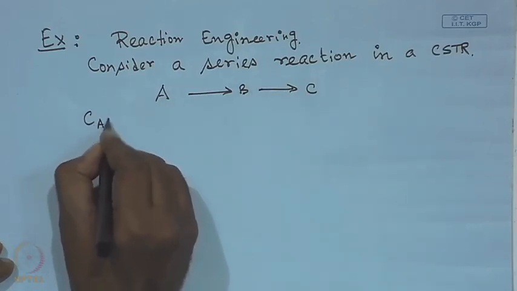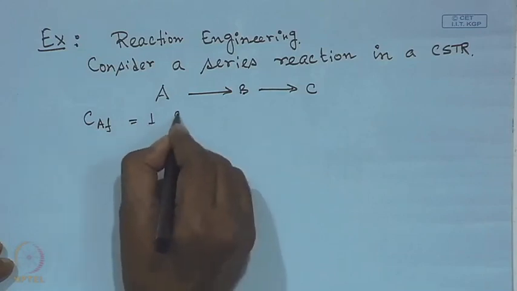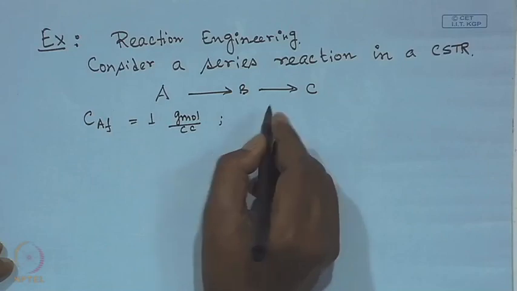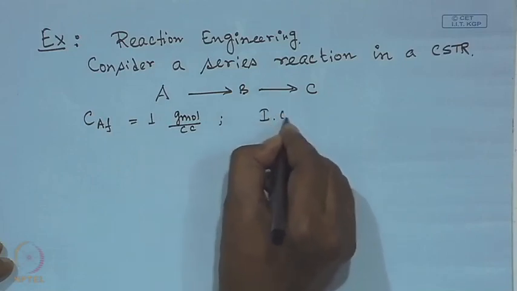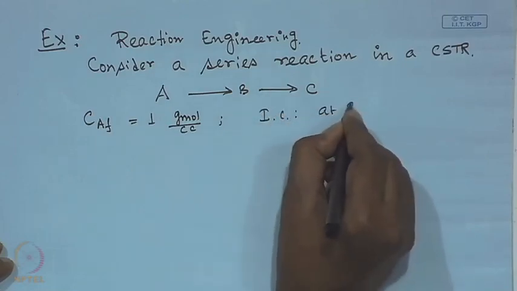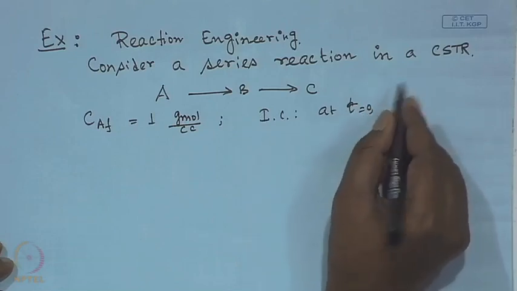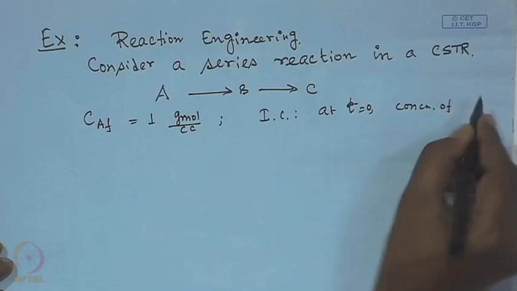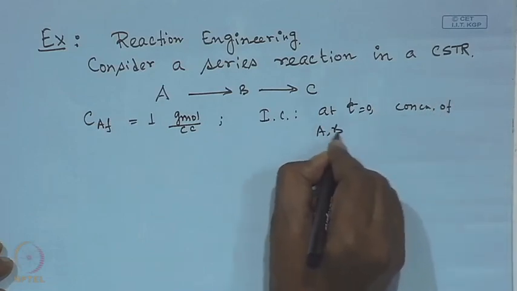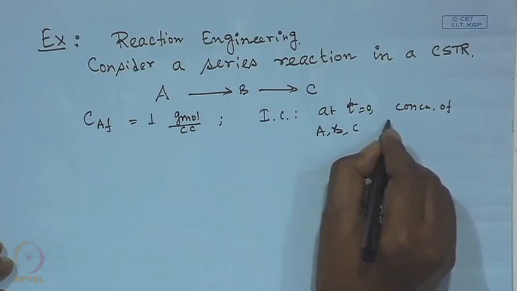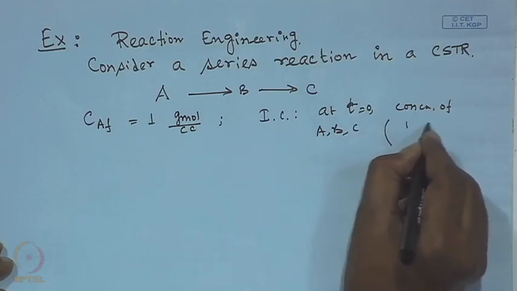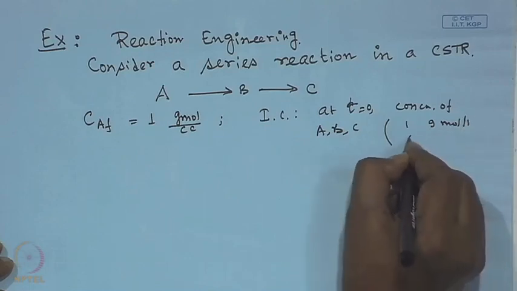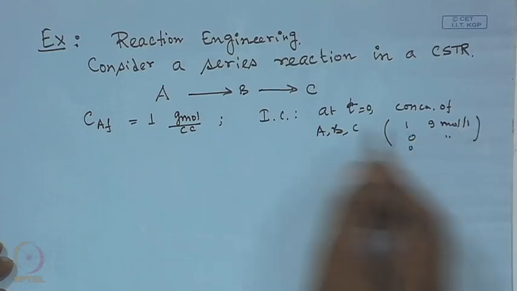The feed concentration was given, CAF as 1 gram mole per cc, and initial conditions were, at time t equal to 0, the concentrations of A, B, C were given by this vector: 1 gram mole per liter, 0 gram mole per liter and 0 gram mole per liter.